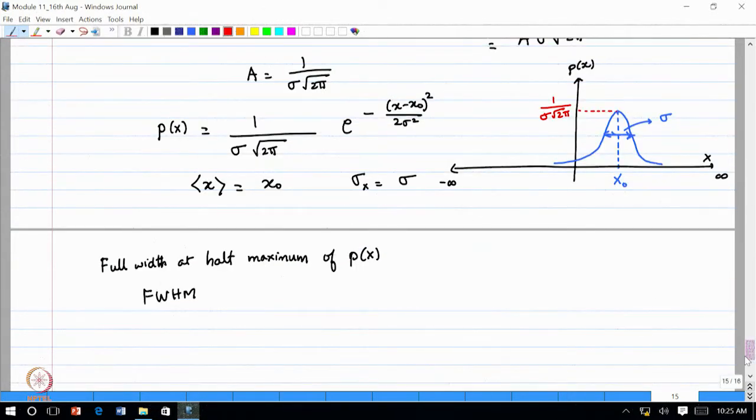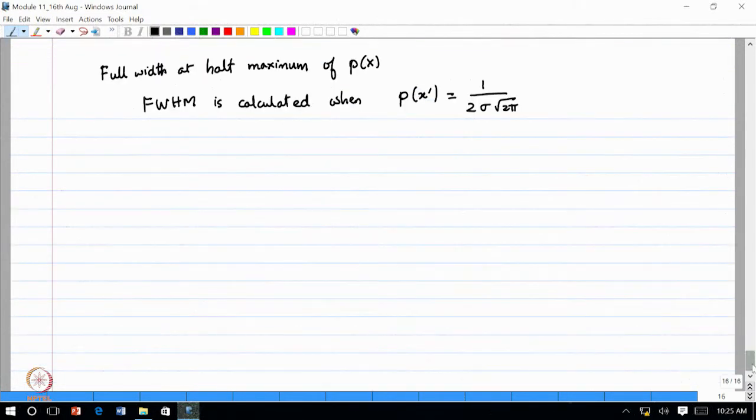So what you have to do to calculate the full width at half maximum is to find where P of x prime is equal to 1 over 2 sigma root 2 pi. Okay.